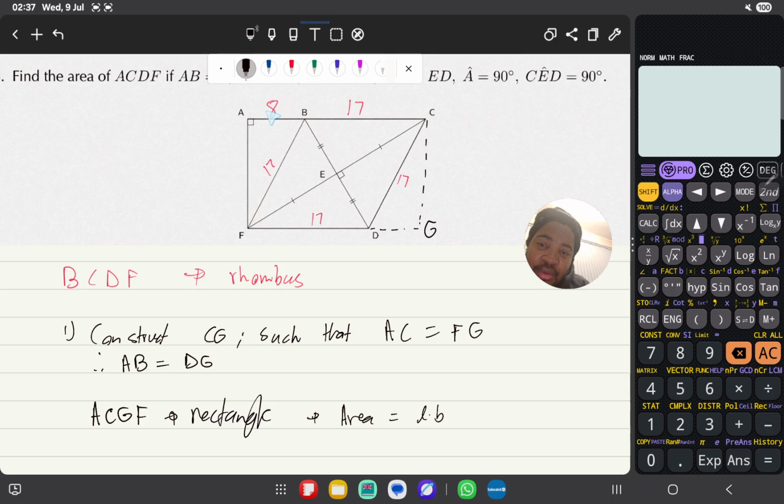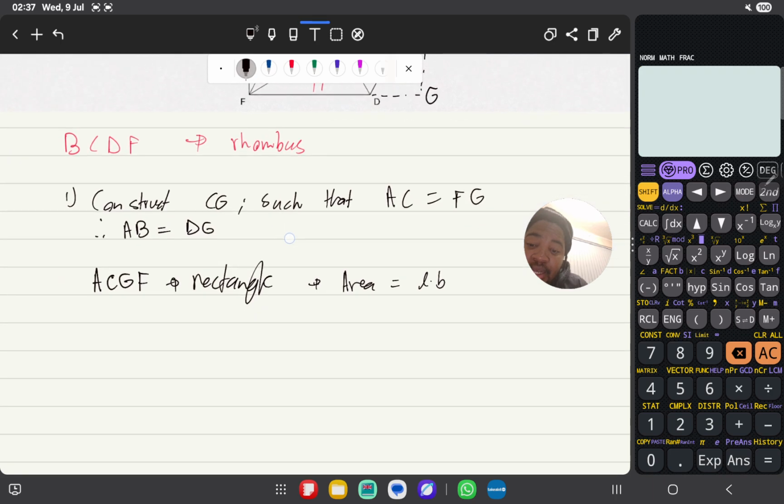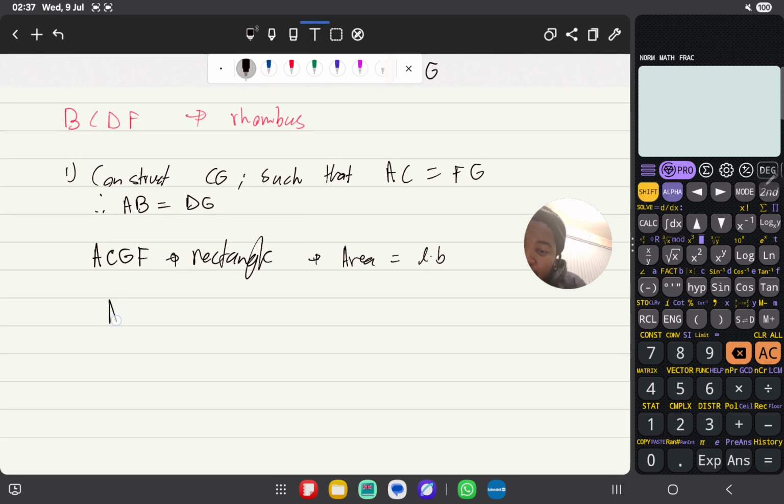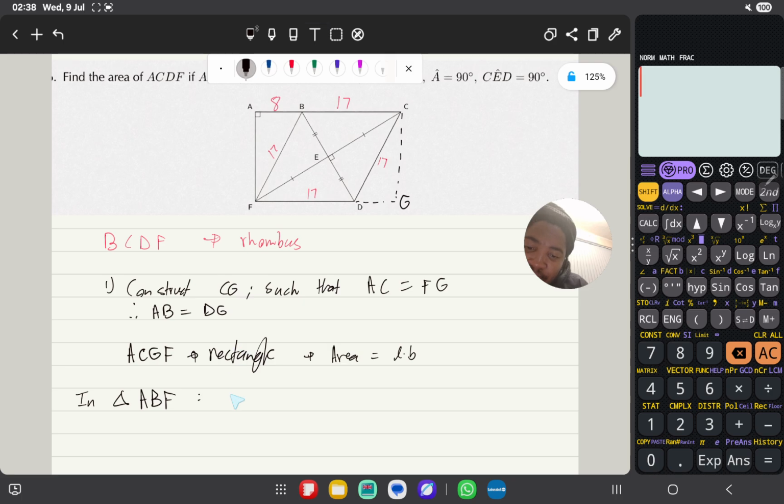In fact, let's calculate AF. We're going to use Pythagoras in triangle ABF, right? In triangle ABF, this is happening.